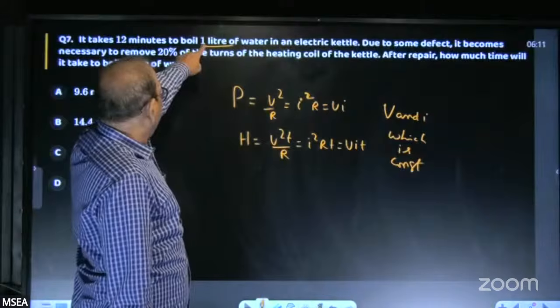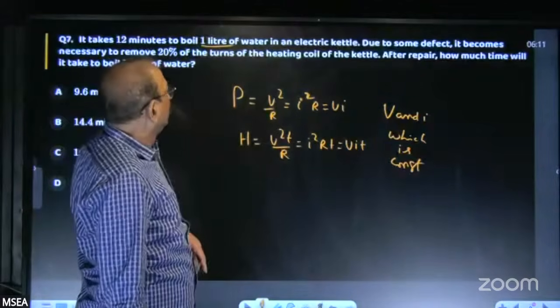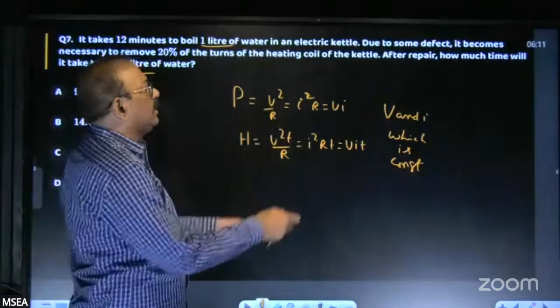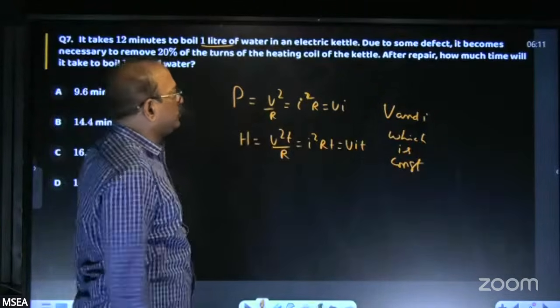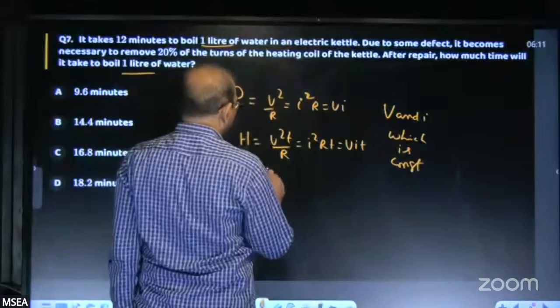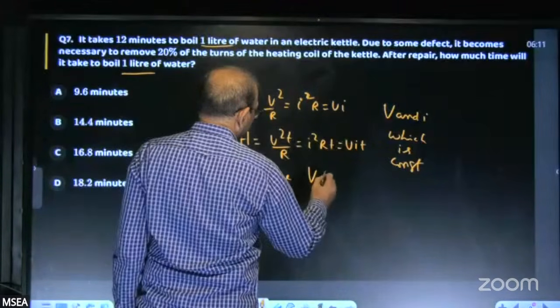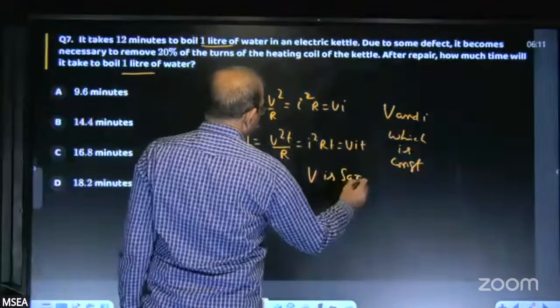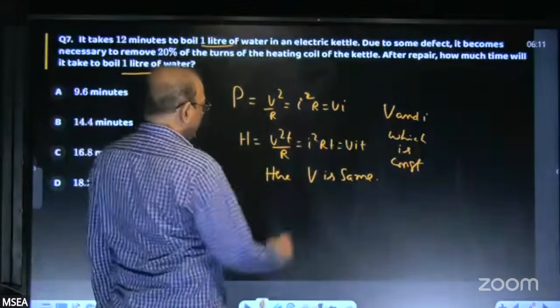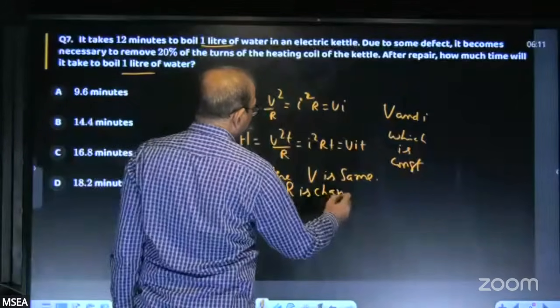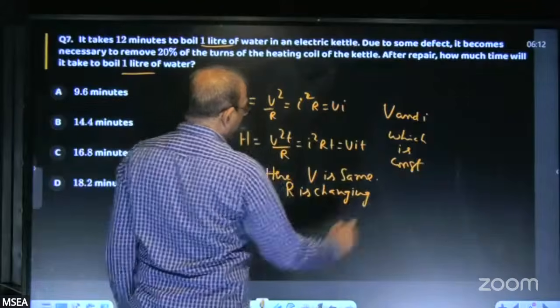One coil you are connecting to mains. Then 20% of that coil you are cutting and removing, the remaining coil again connecting to the same mains. Means what is same? Voltage. V is same. What is changing here? Resistance is changing. That is this problem.